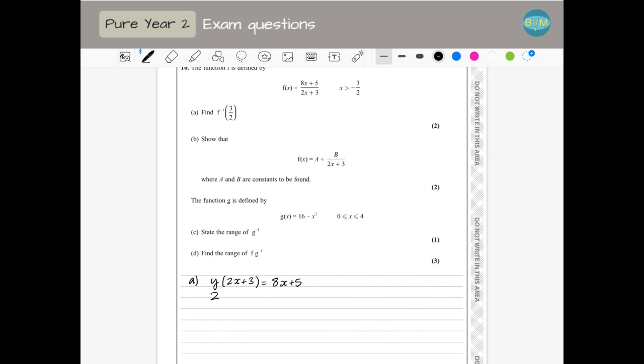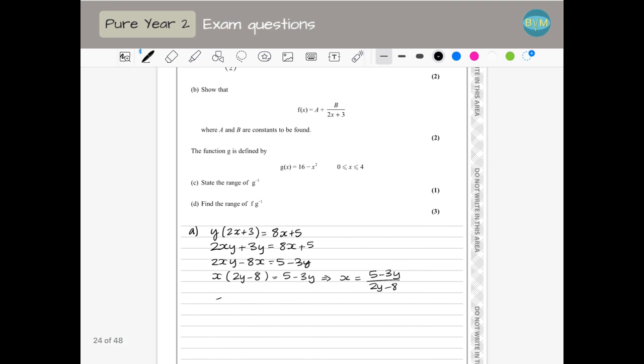I put all the x together, so I have 2xy minus 8x, and everything else on the other side, 5 minus 3y. So factorize x: x times (2y minus 8) is 5 minus 3y, which means that x is 5 minus 3y divided by 2y minus 8.